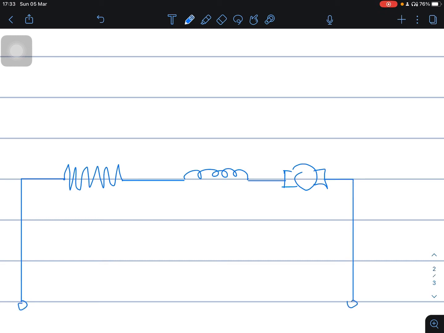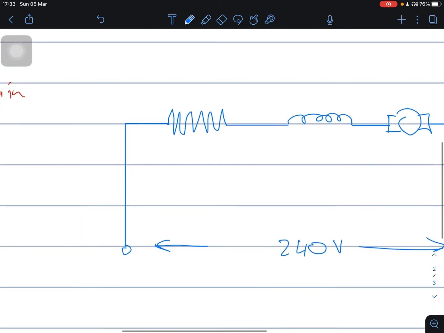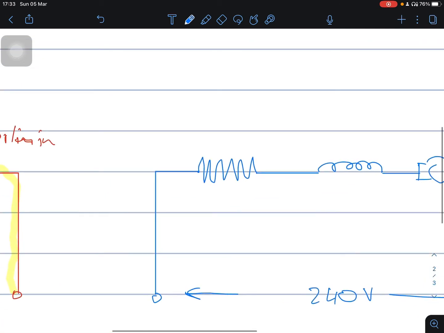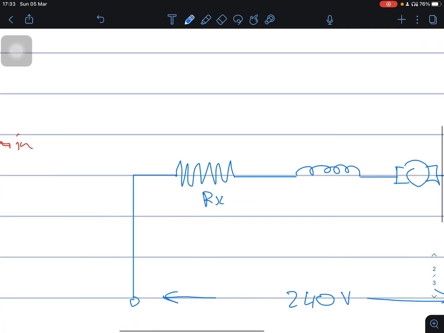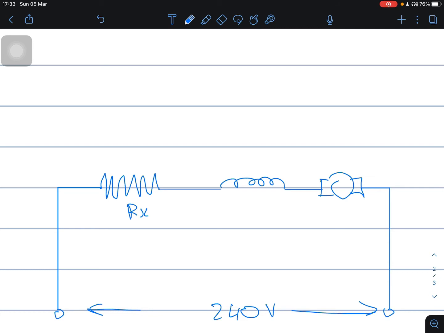The supply is still obviously 240, they didn't change it unless they tell you that they changed the supply. This is RX, this is R series, then this is RA.